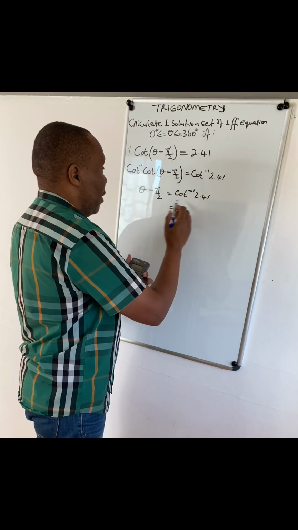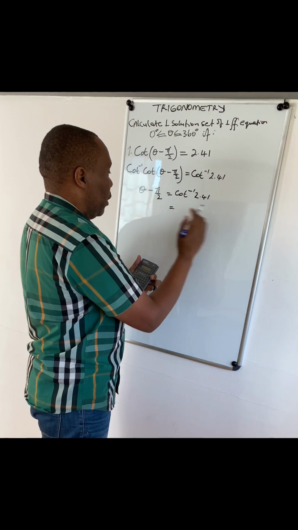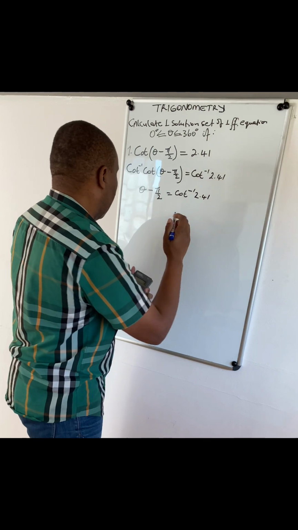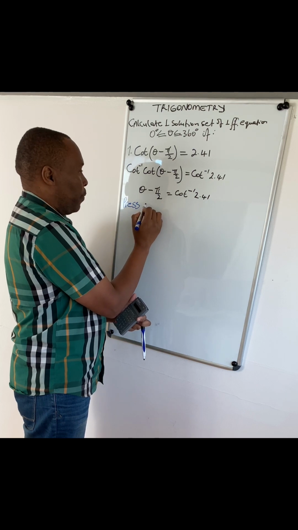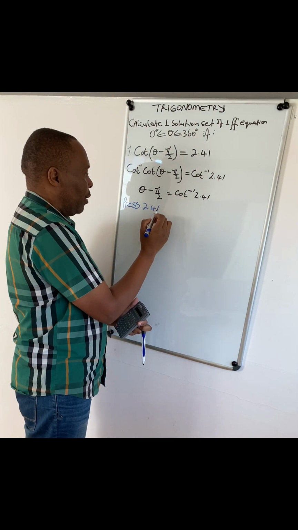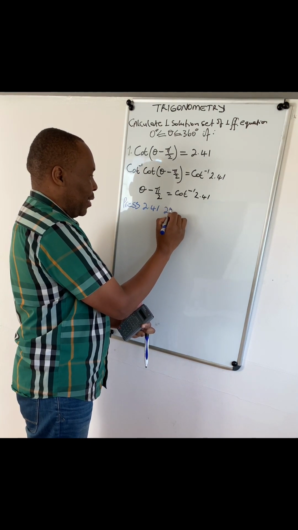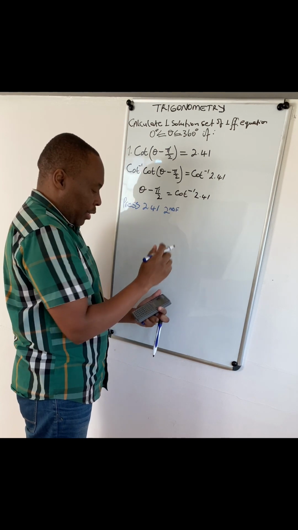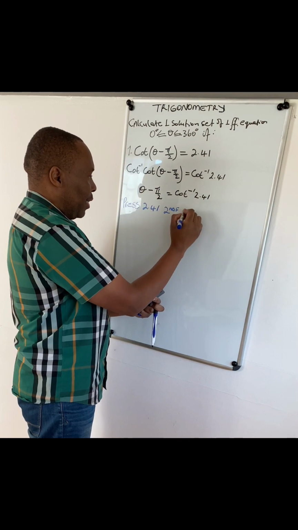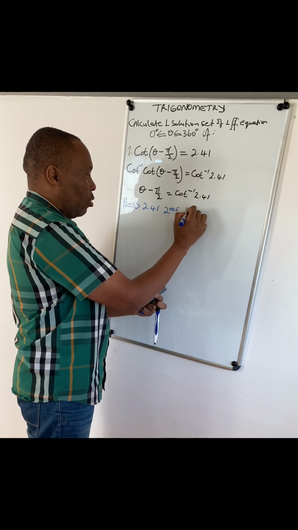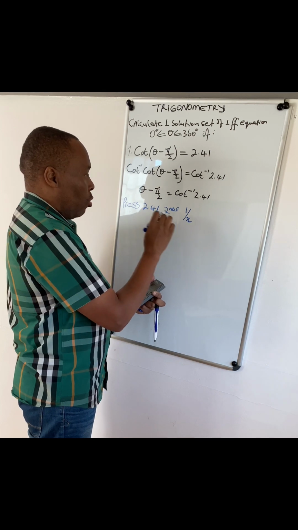In punching the calculator, we say: press 2.41 in your calculator, followed by second function. There's a button in your calculator called second function, and then there's a function which is 1 over x. This is the function you press, 1 over x.